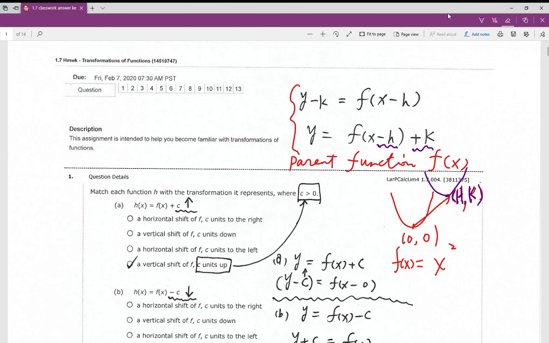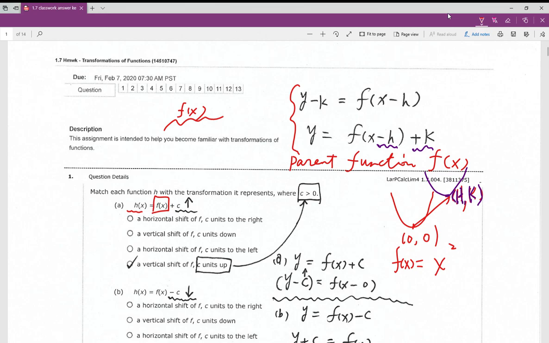So example 1, number 1, part A. If you have a parent function and this new function, how to graph?